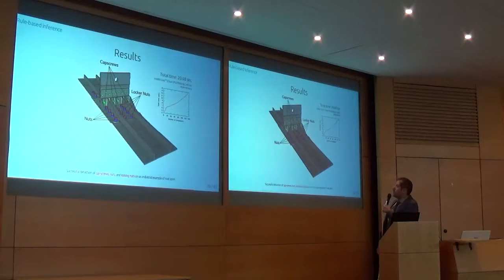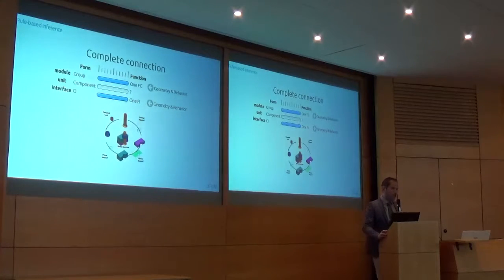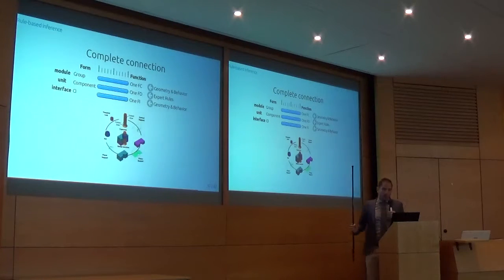The example of the root joint as well, cap screws, nuts, and locker nuts have been successfully detected in this example. To position ourselves again, objectives have been met, and the information gap has been completely bridged between form and functionality, producing a reliable functional knowledge base about the assembly that connects to concrete structure and geometrical elements.